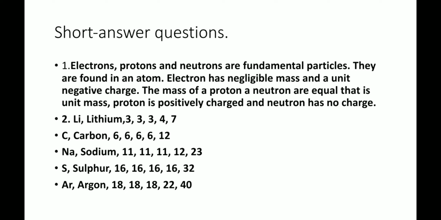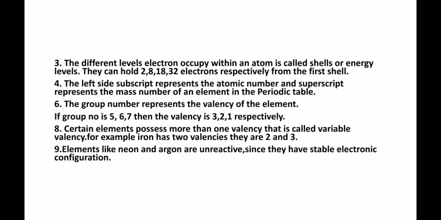Second row, C, carbon, 6, 6, 6, 6, then 12. Third row, Na, sodium, 11, 11, 11, 12, then 23. Then the fourth row, S, sulfur, 16, 16, 16, 16, then 32. And the last one, Ar, argon, 18, 18, 18, 22, then 40.